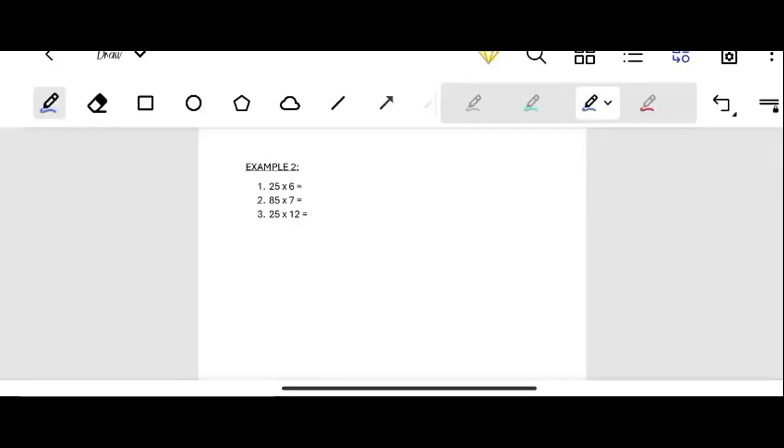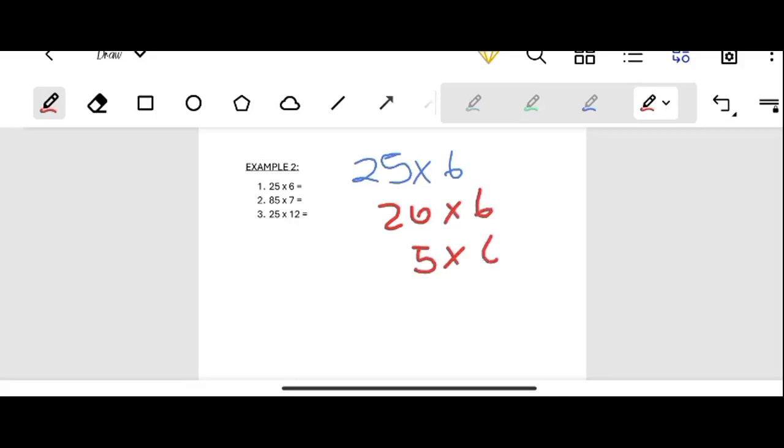So when you're dealing with option 2, you can just say 25 multiplied by 6. The next thing that you do, you divide. So you're going to have a 20 multiplied by 6 and a 5 multiplied by 6. What is this? This is the tens. This is the units. So the next thing that you're going to do, you're going to determine the answers.